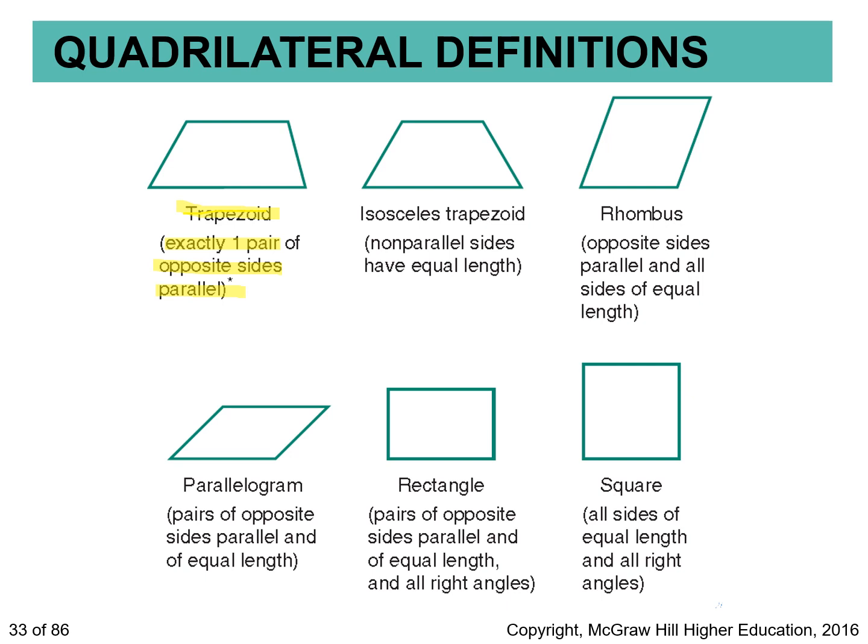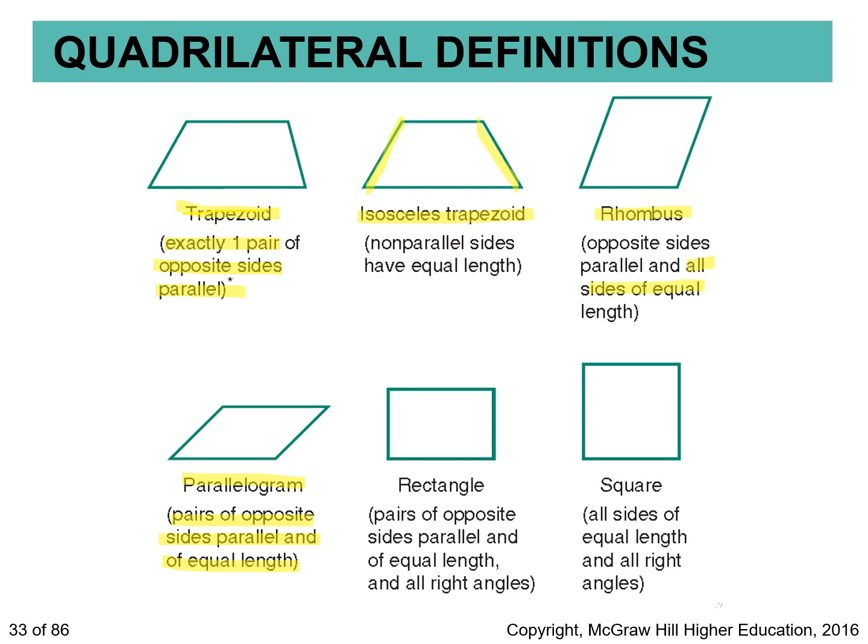And then a parallelogram has 2 pairs of parallel sides, and that makes them also the same length. There's a chart in the notes that I gave you to fill in. In an isosceles trapezoid, these 2 sides are equal. And a rhombus is what is called a diamond in little kid puzzles. All the sides are equal.